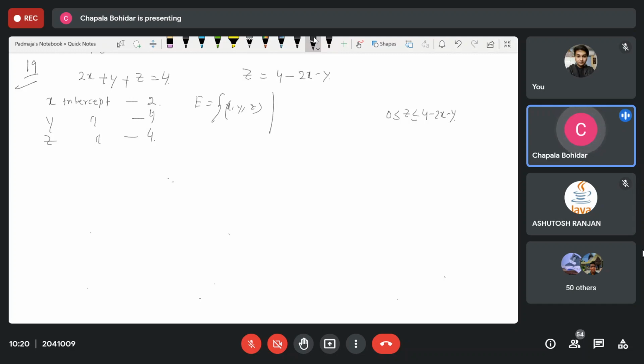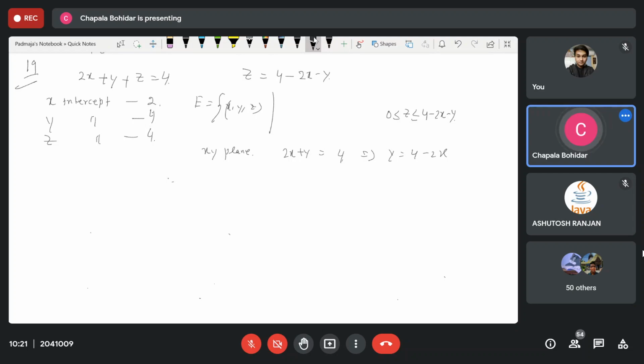First we go for the surface, then we go for the plane, that is our xy plane. In the xy plane, the line is 2x plus y is equal to 4, so y is equal to 4 minus 2x. You can do the type 2 method for the double integral.